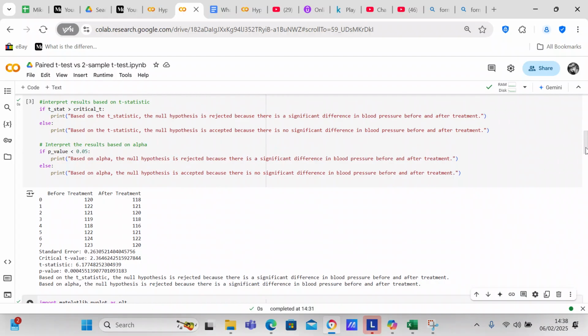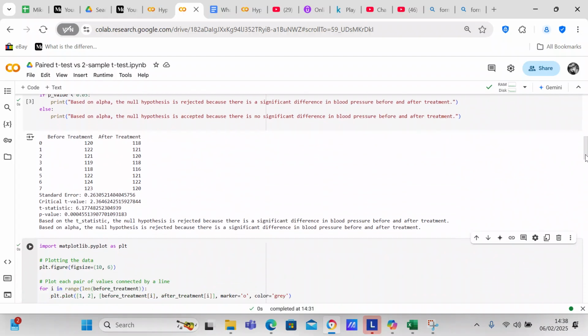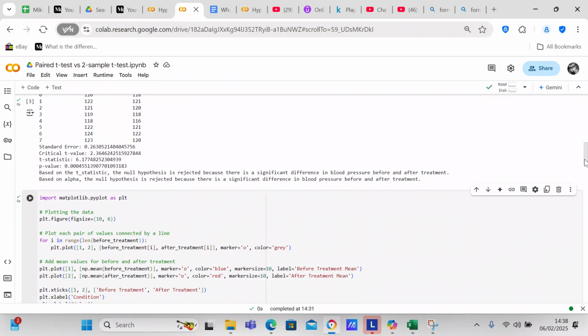If the p-value is less than alpha, then you're going to reject the null hypothesis because there is a significant difference in the blood pressure. You can see that because the p-value was less than 0.05, the null hypothesis was rejected.